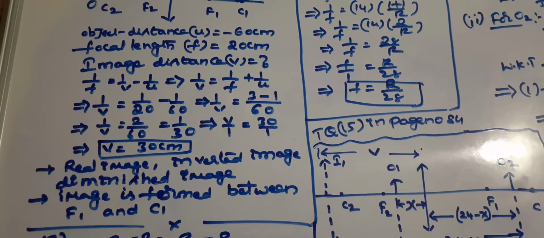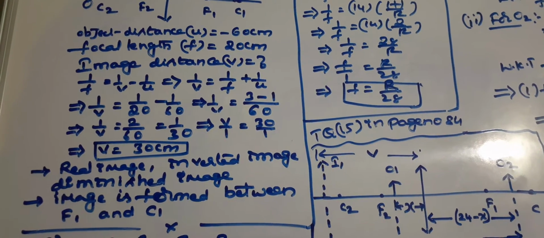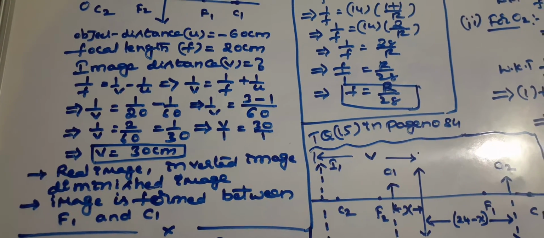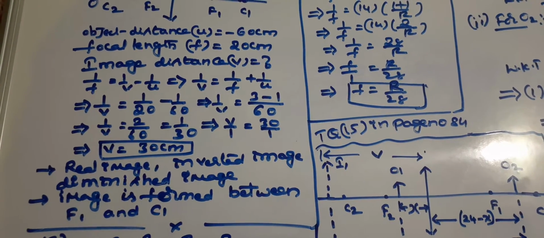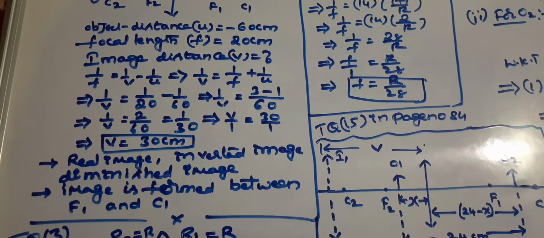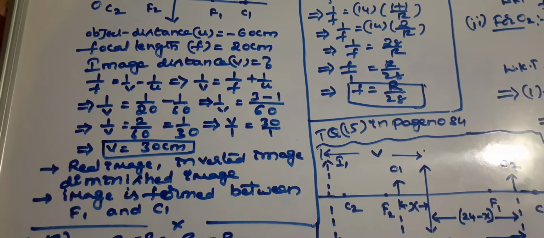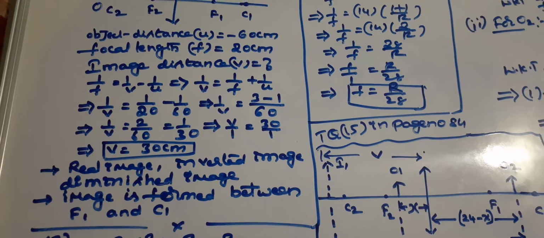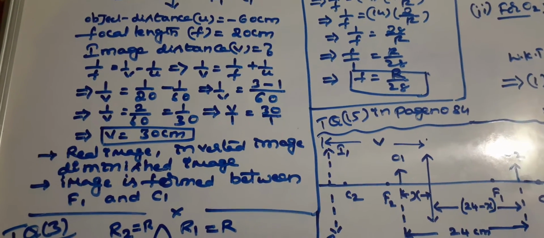But in the formula plus 1 by u is there, but u value from sign convention is minus 60, that is why minus 1 by 60 is written. LCM is 60. So then 1 by v equal to 2 by 60. On cancellation we can get 1 by 30. But we want only image distance v but not 1 by v. That is why 1 by v is written as v by 1. So v equal to 30 centimeter.